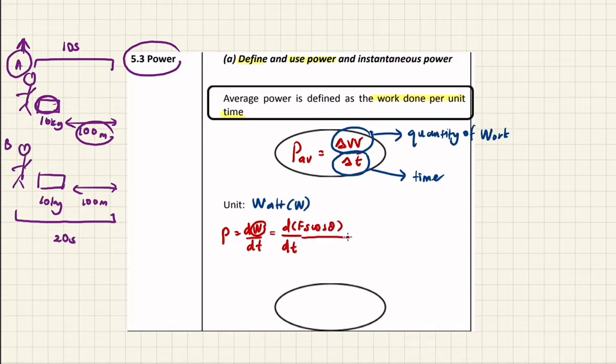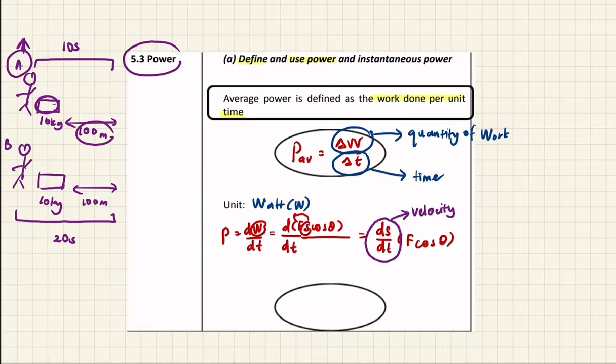We bring out ds over dt, and in the bracket we still have F cos theta. If you remember, ds over dt, the rate of change of displacement, is actually equal to the velocity.